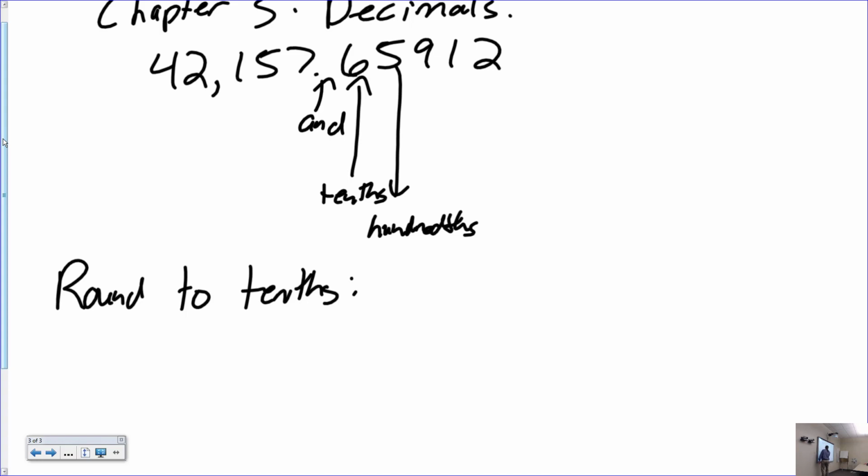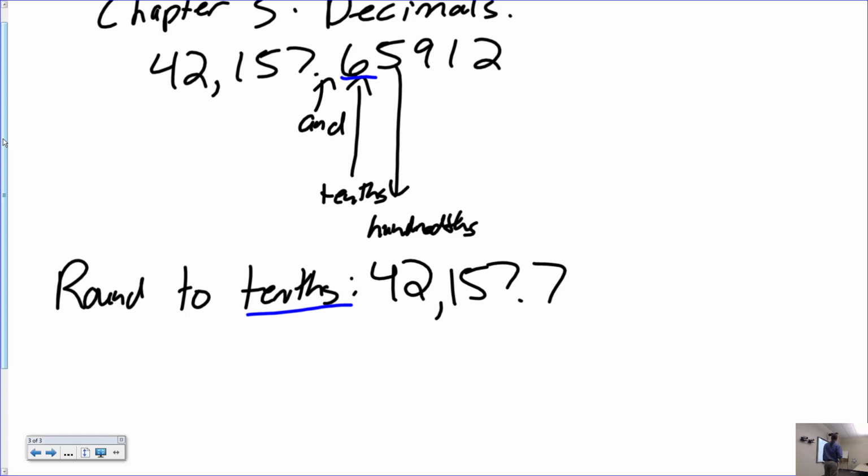Exactly, right? So when you're working with the 10th place to round there, you go to that place marker and just look one number to the right, right? The number to the right of it is a 5, so 42,157 and 7 tenths, because 5 and above round up, 4 and below round down, or round the same.